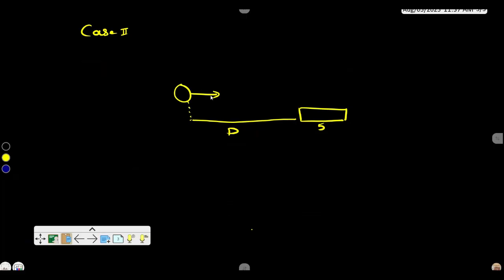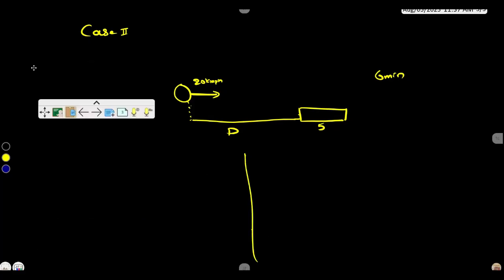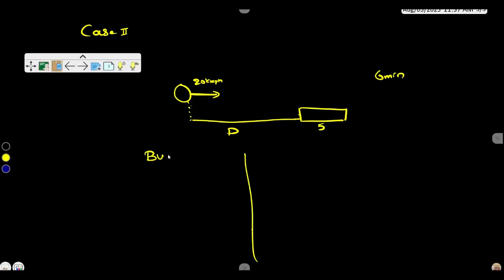Now, let us take the cyclist velocity as 20 km per hour, and the bus is crossing him in how much time? 6 minutes has been given. In that 6 minutes, how much is the distance? Let us take the bus scenario, and we'll see the cyclist scenario.